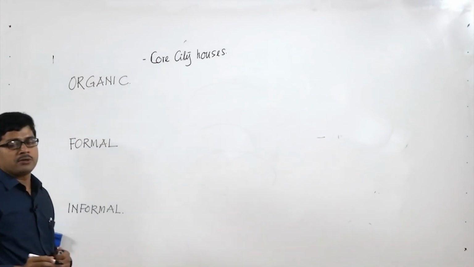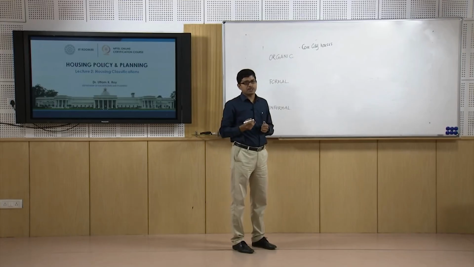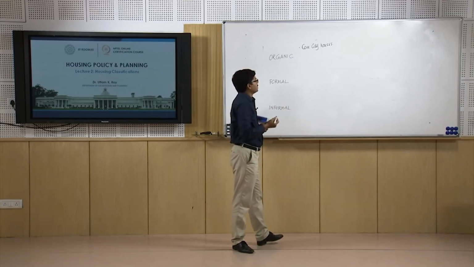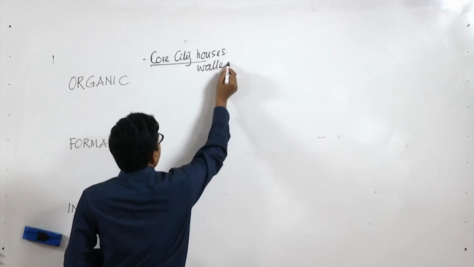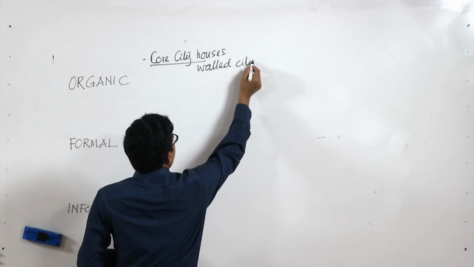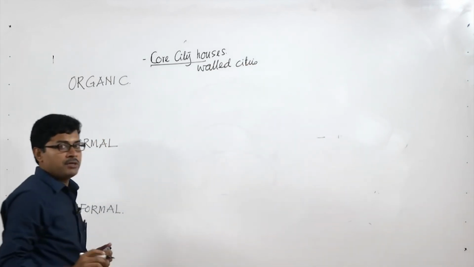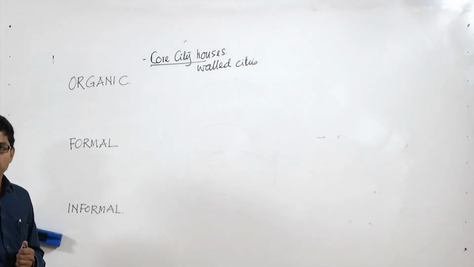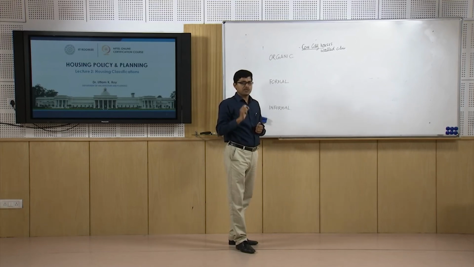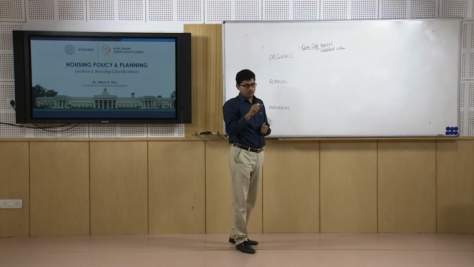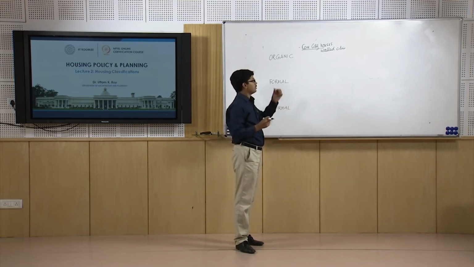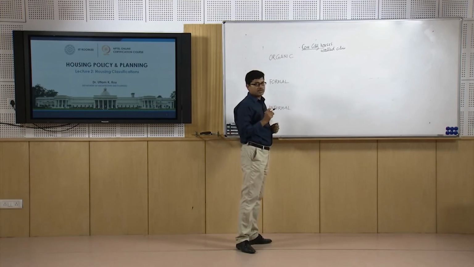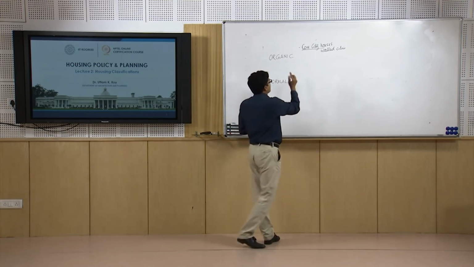You will find in many older cities, sometimes called world cities, very old settlements which emerged from the inception of that city and which are located in the city core area. Sometimes it is surrounded by a fort or a wall, and it is called a walled city. So, that is the first category of the organically developed houses.